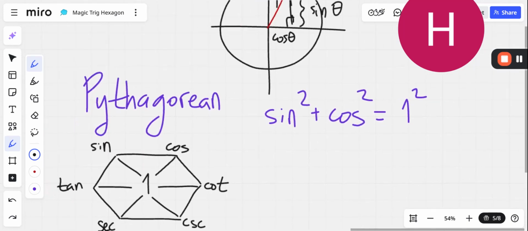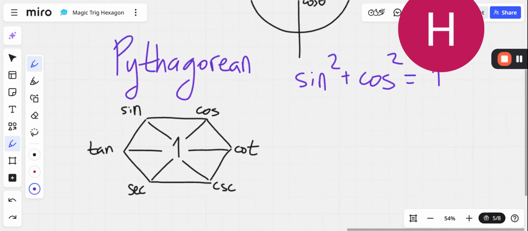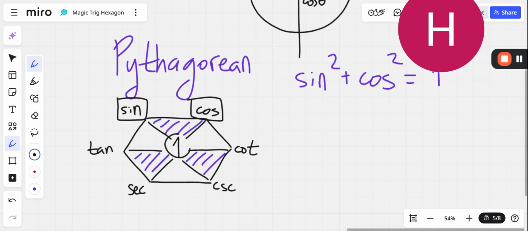Now, where is that on the diagram? Well, if I sort of highlight these, it looks like the nuclear reactor symbol when I do that, but if I highlight these, here's where we really get to see the Pythagorean identities, all 3 of them in action. It's going to be left squared plus right squared equals bottom squared.